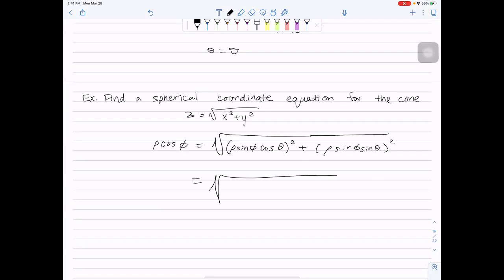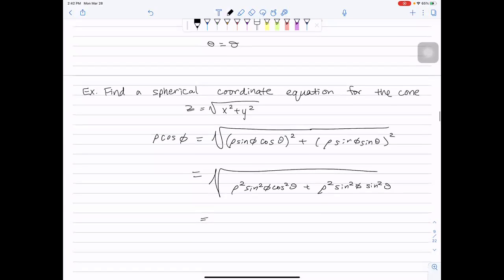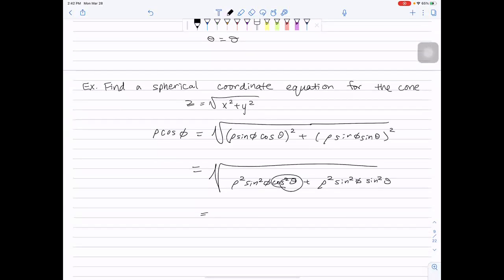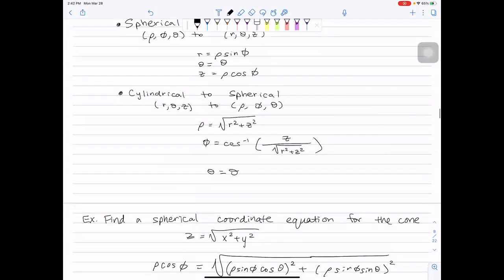And then we can simplify this. So this is rho squared sine squared phi cosine squared theta plus rho squared sine squared phi sine squared theta. The cosine squared plus sine squared simplifies to 1.